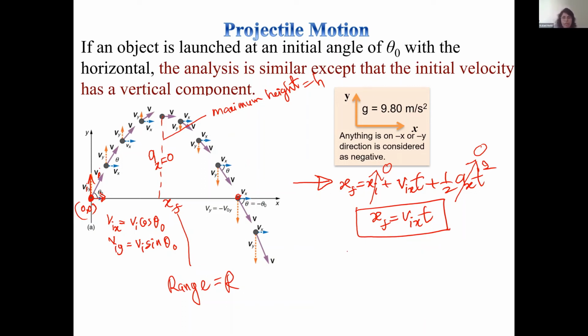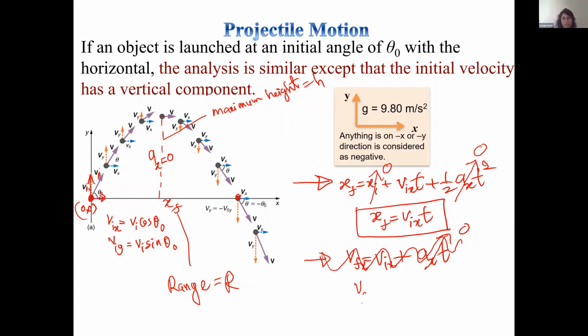Now what will happen to your second equation, v final equals v initial plus acceleration in the x direction times time? This part is again 0. So it says initial velocity in the x direction equals final velocity in the x direction. We already know that. We don't even need to try this equation in the x direction.